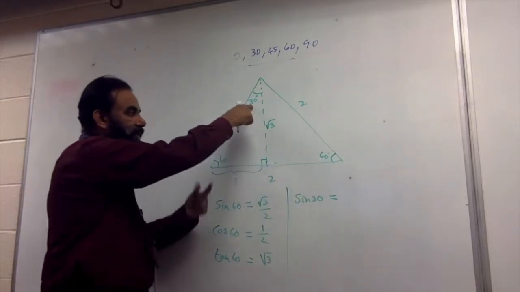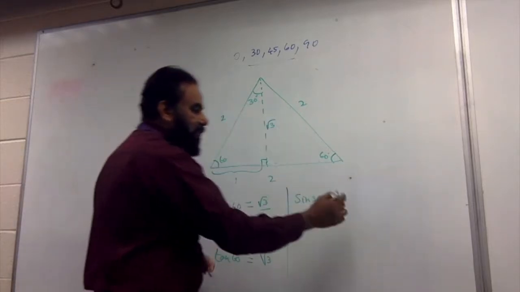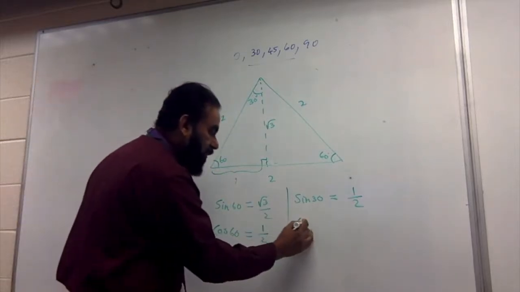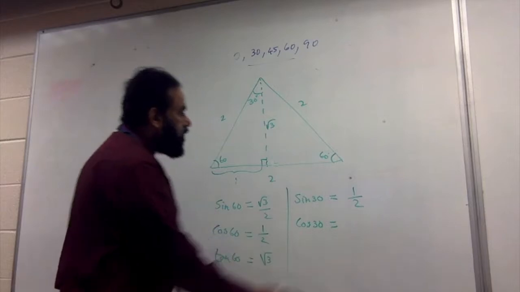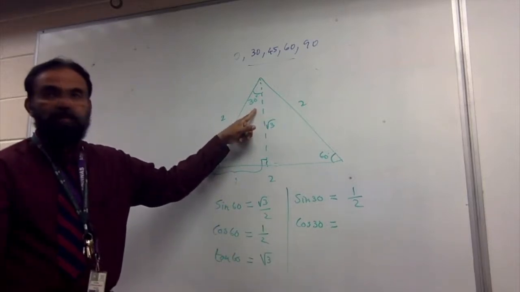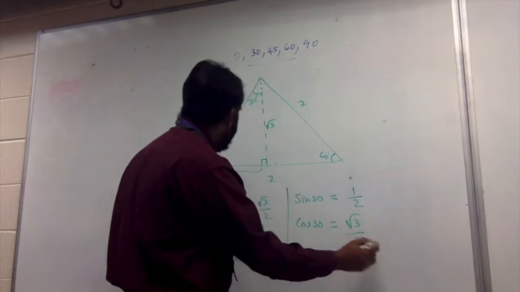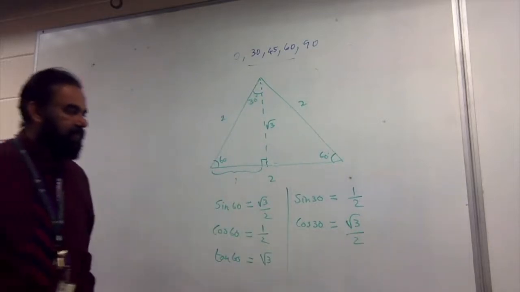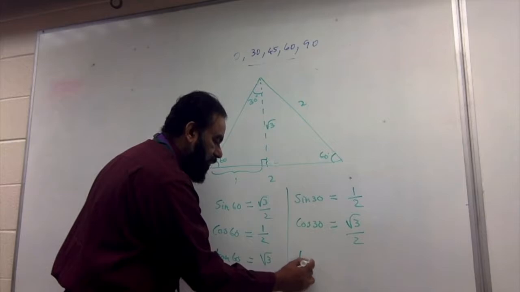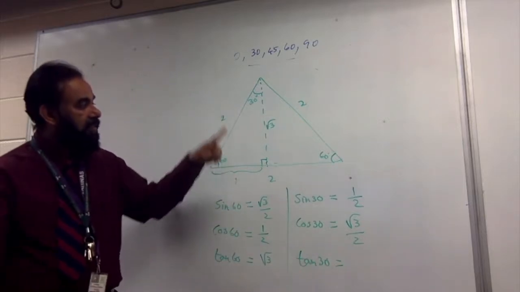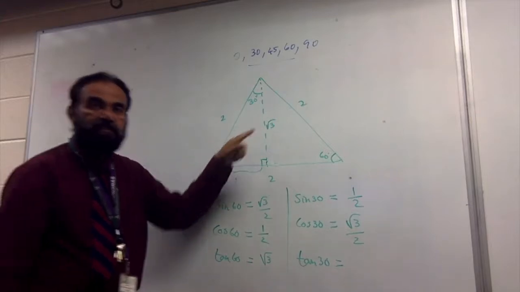Sine 30 is going to be opposite over hypotenuse. Cosine 30 is going to be adjacent over hypotenuse. And tan of 30 is opposite over adjacent.